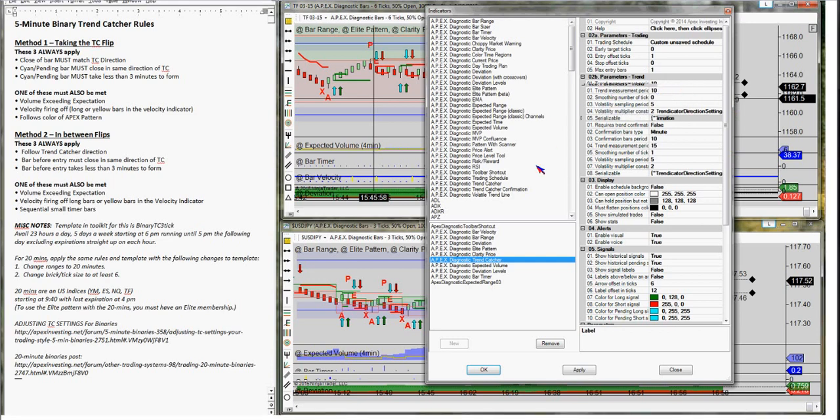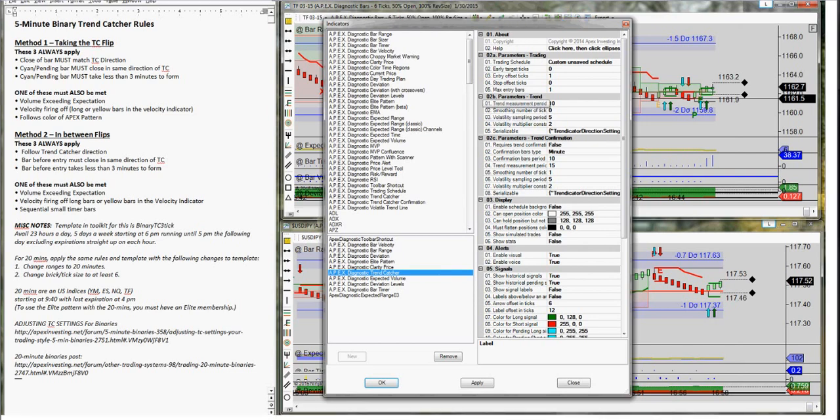The trend measurement period, you can either have it set for 10 or 15, and the smoothing number of ticks you can set for 0 or 1. Those are the only two settings you should need to mess with at all. I like mine set at 10 and 0 because it flips faster. You can set either one to 15, and you can set the smoothing to 0 or 1. The 15 or the 1, either one of those, flips a little faster.